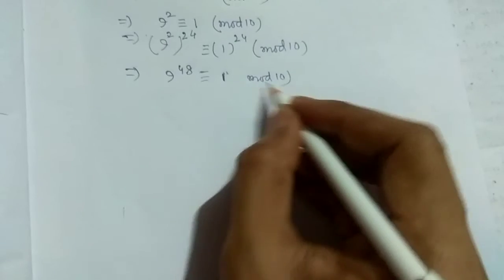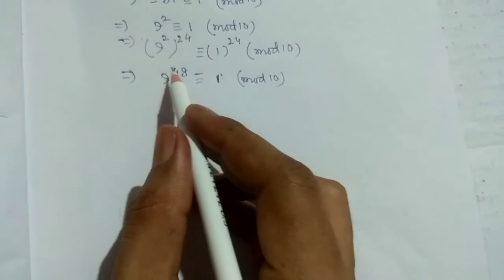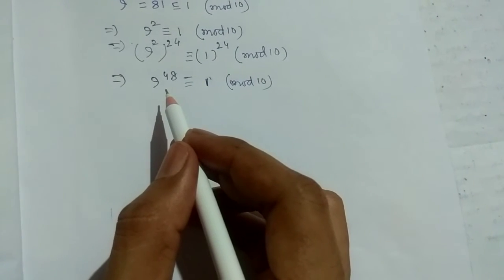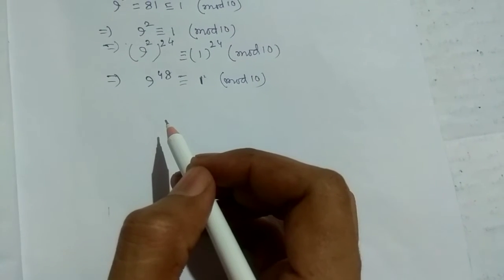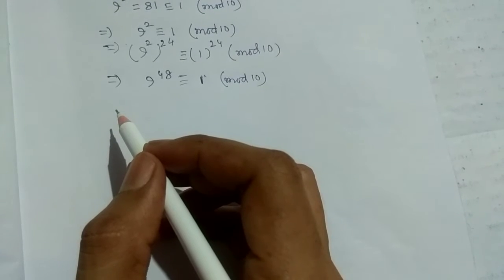So 9 to the power 48 is congruent to 1 mod 10. That means the unit digit of 9 to the power 48 is 1, but we have to find 9 to the power 49.